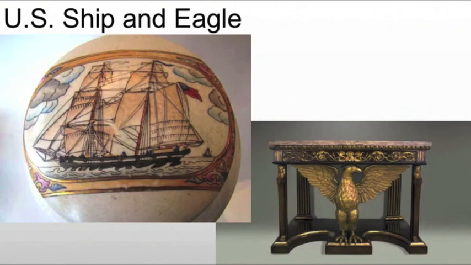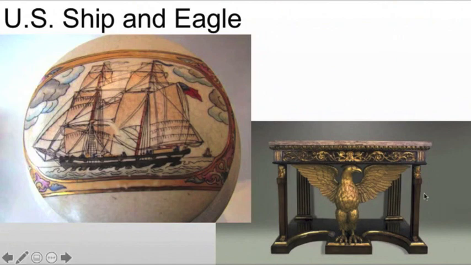In the US, we will see the ship and the eagle. The ship refers to the War of 1812. Some early Americans would have seen that as the true Revolutionary War because that is the first time we went to war again with the English. And that was primarily a situation where we had naval combat, and so the ship becomes very important.